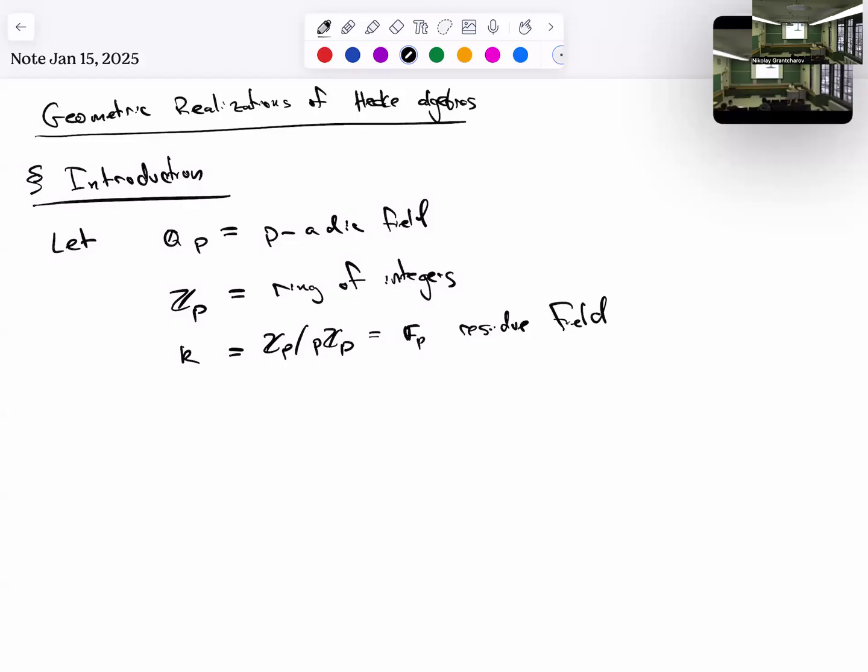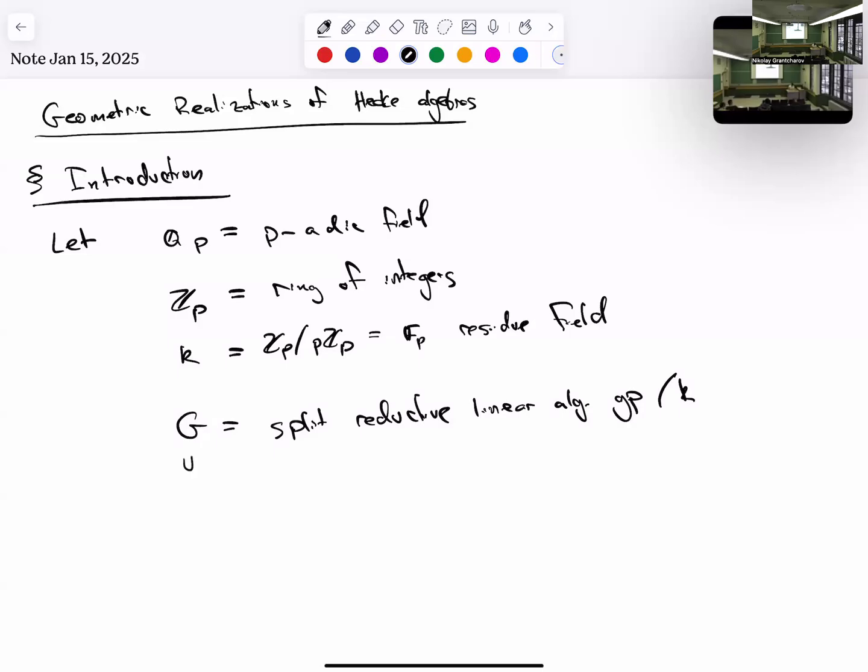And now on the group side, we're going to work with a split reductive linear algebraic group over the finite field. So linear means closed subgroup of GL_n, and B will be a Borel.